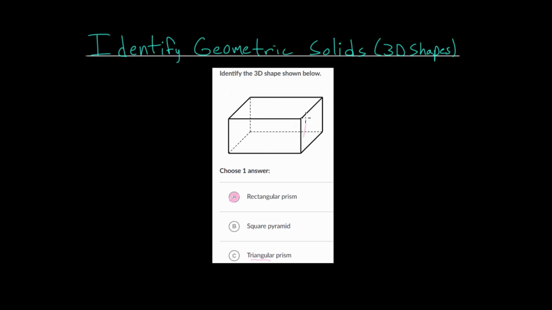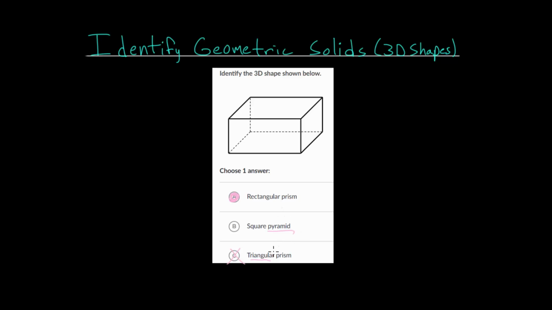So imagine just taking one of the bases, and if you can slide it through, then if at the end you end up with the same size base, then that's a prism. Assuming that the base is a polygon. It's made from straight edges rather than curves. And since this has all rectangles, we know it's not a triangular prism.